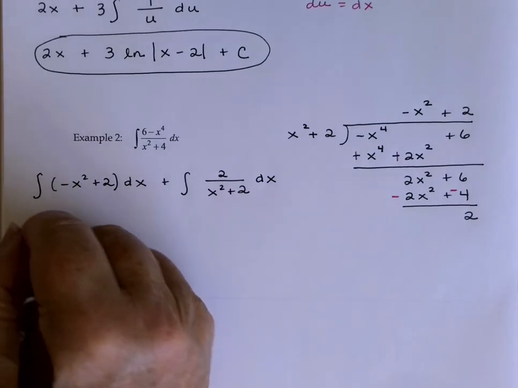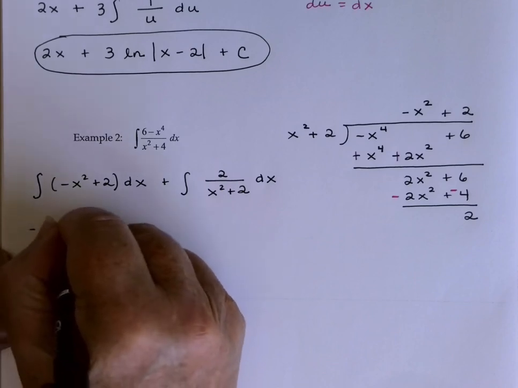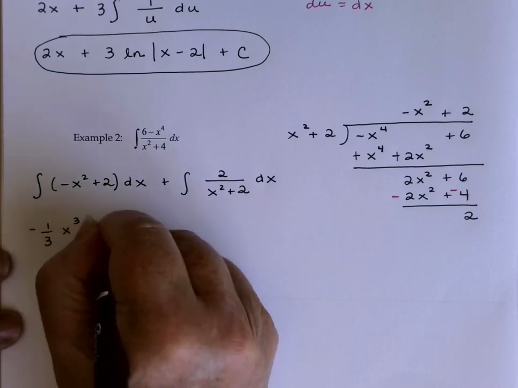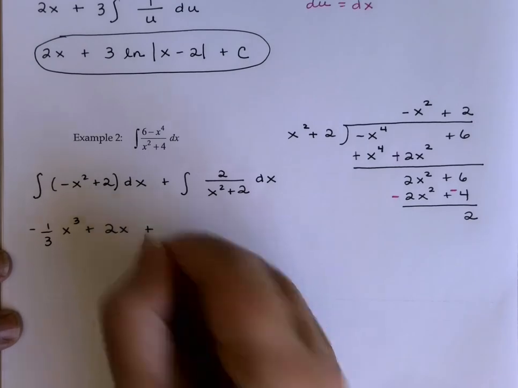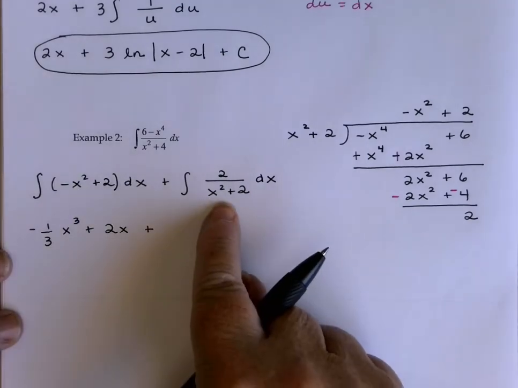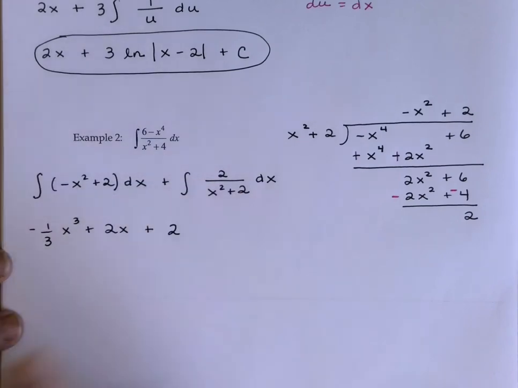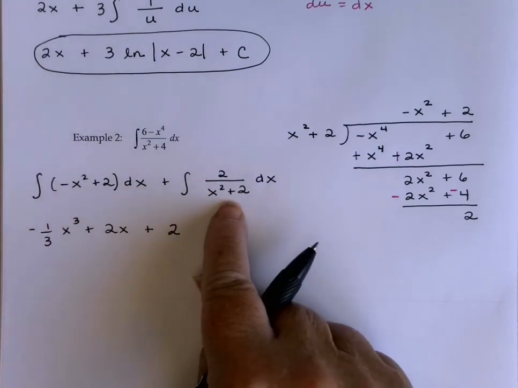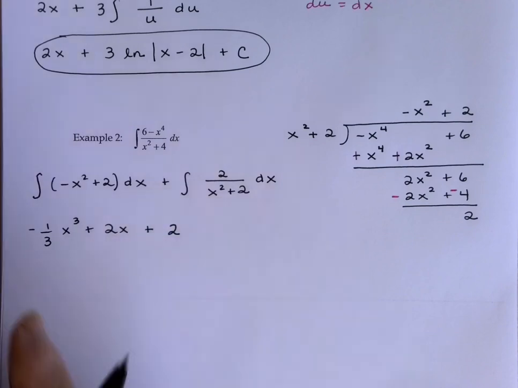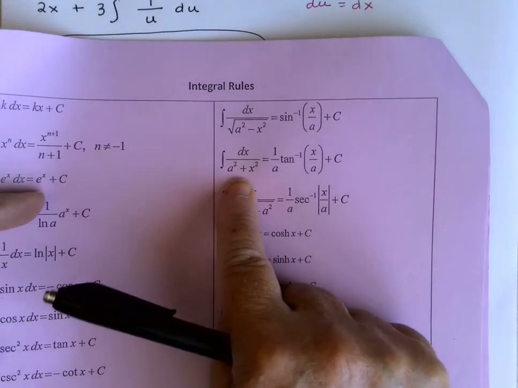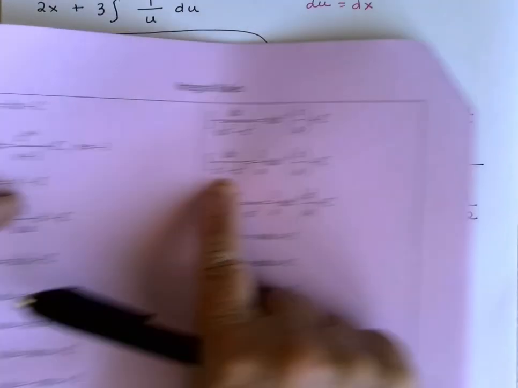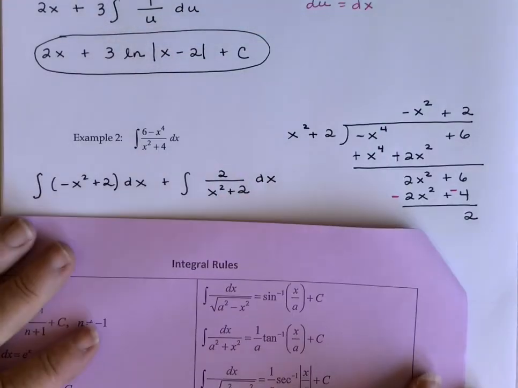First one's very straightforward, negative 1/3 x cubed plus 2x. And I don't think the other one's too bad either. We would have a plus, pull that 2 out in front, and then I think this is just one of our standard ones we can look up. Let's see, what have we got here? Looks like this, doesn't it? Where can I put that so we can see it? There we go.